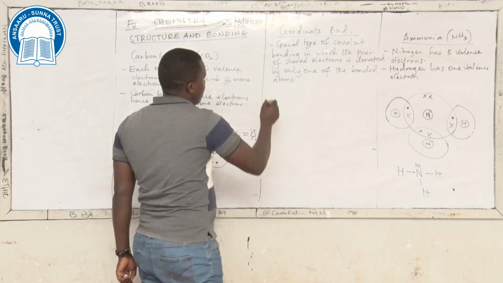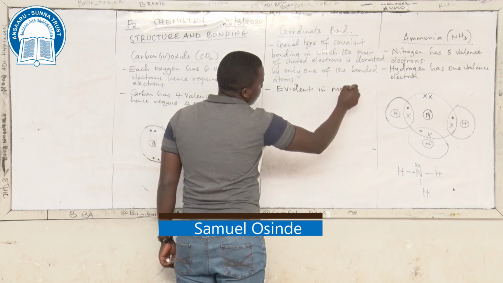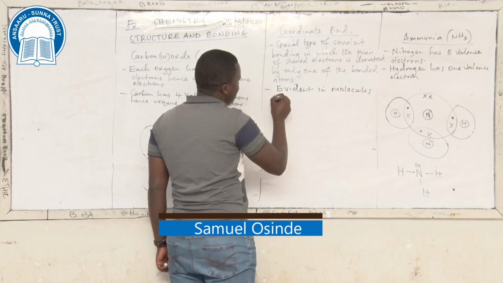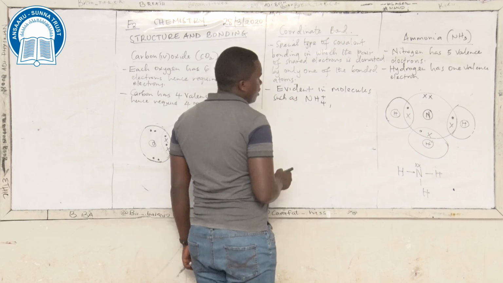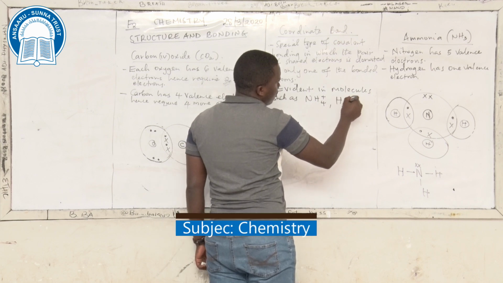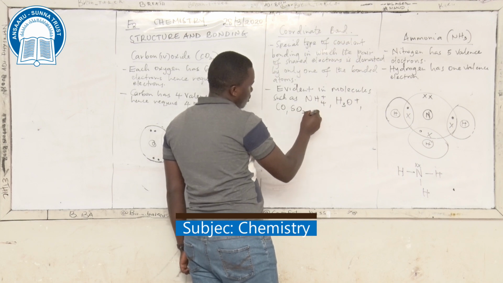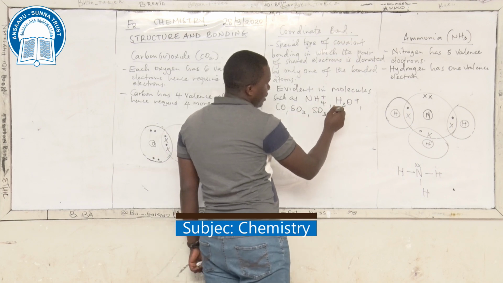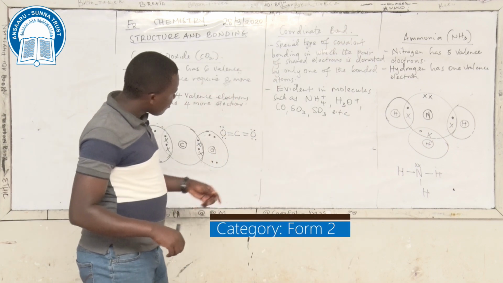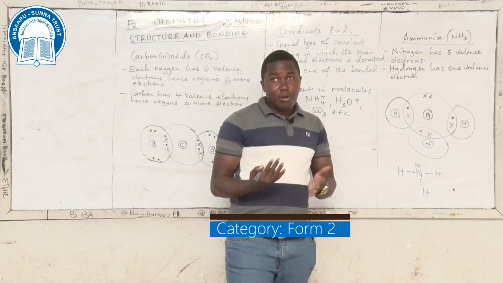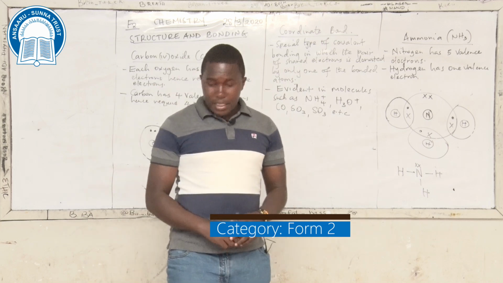This is evident in molecules such as ammonia molecule, hydroxonium molecule, CO, SO2, SO3, etc. So in these molecules, of course, there will be some covalent bonding, but at least amongst all of them, you will find there is some coordinate bond.